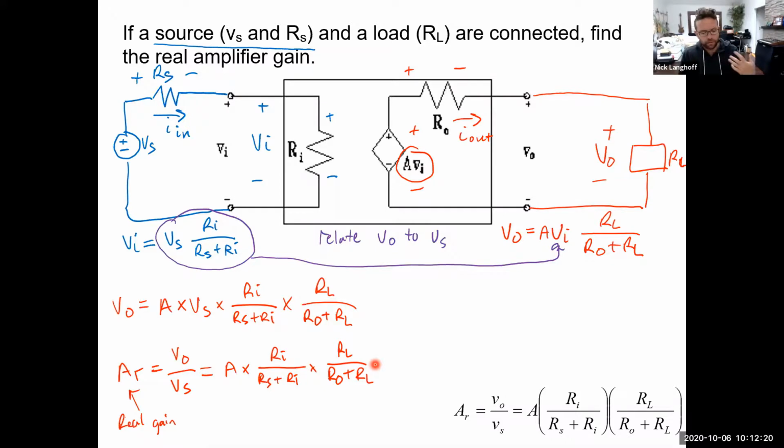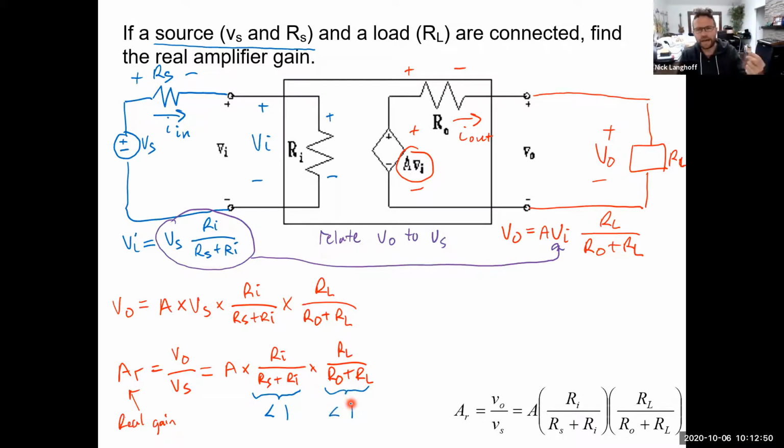The real gain of the system is always going to be less than the actual gain, A. Do you agree? Look at these terms right here. This term, RI over RS plus RI, is always going to be less than 1. It can't be greater than 1. This term here, RL over RO plus RL, is also always going to be less than 1.